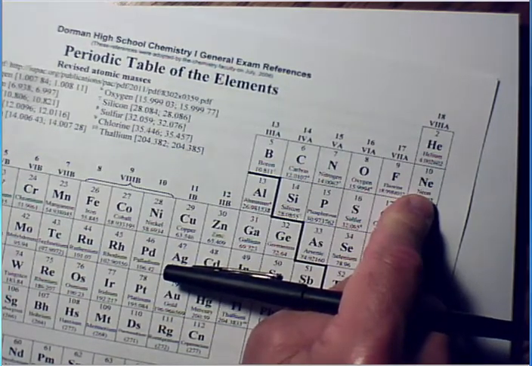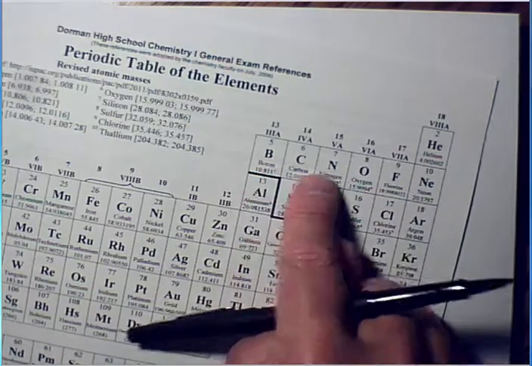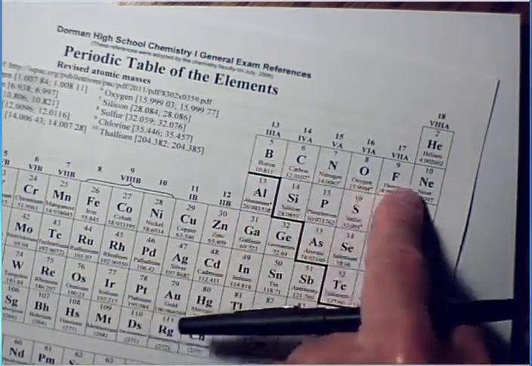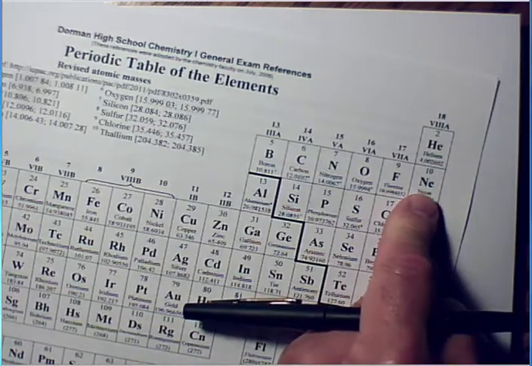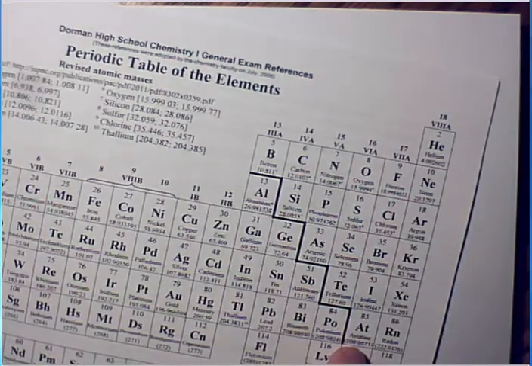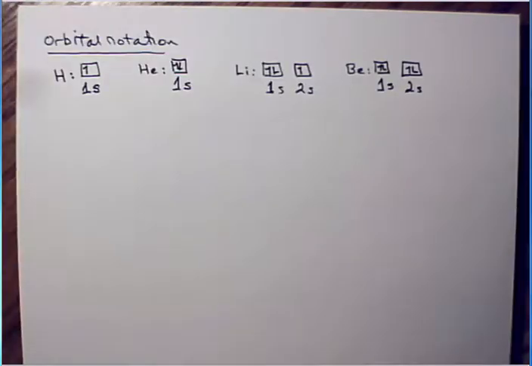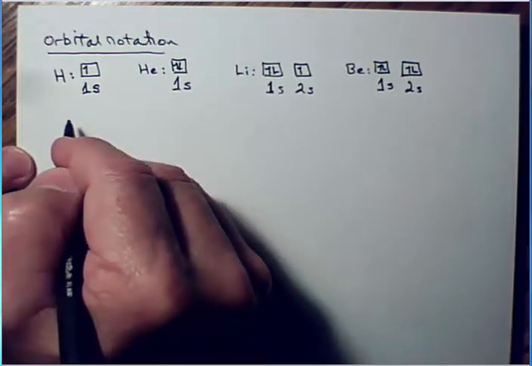And how many electrons can you put in an orbital? Only 2. So if I can only put 2 electrons in an orbital, I've got 6 electrons to put in here, represented by these 6 elements here. How many orbitals do I need? 3. All right, that's how it works.